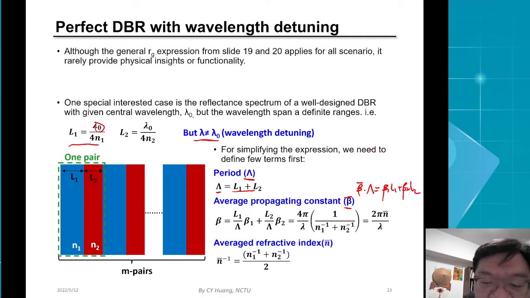So beta bar is L1 divided by capital lambda, which means L1 plus L2, times beta 1, plus L2 divided by capital lambda times beta 2, something like that.